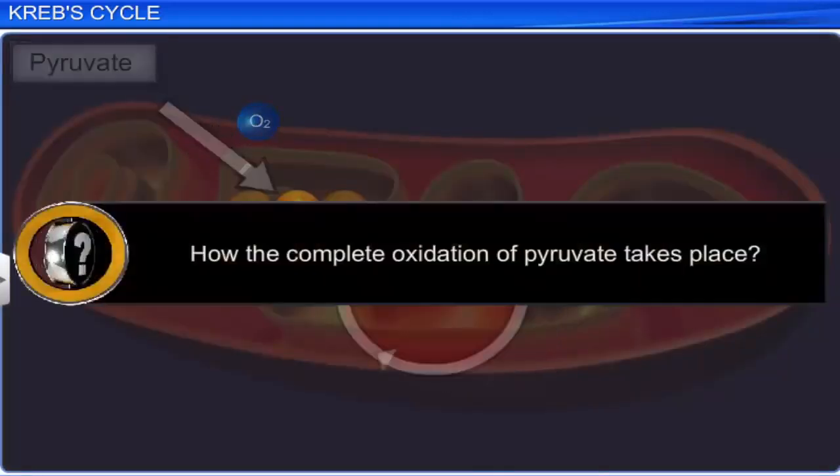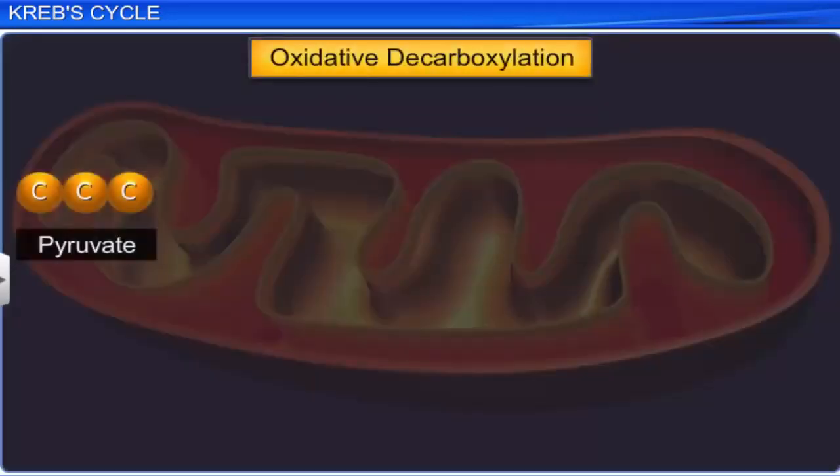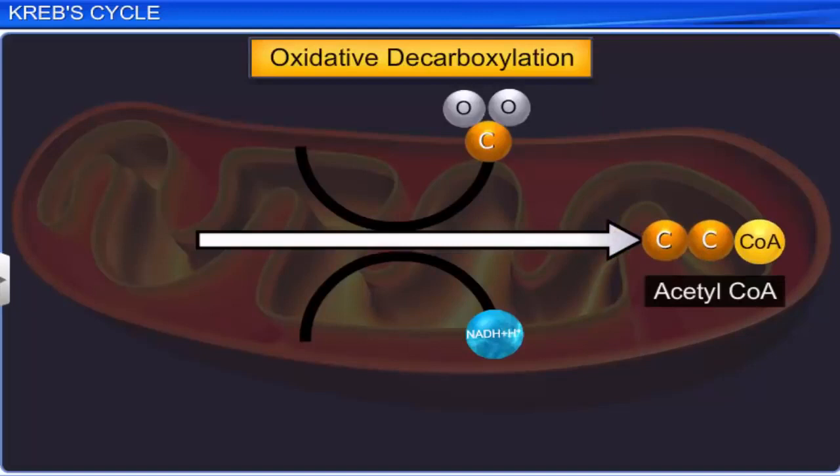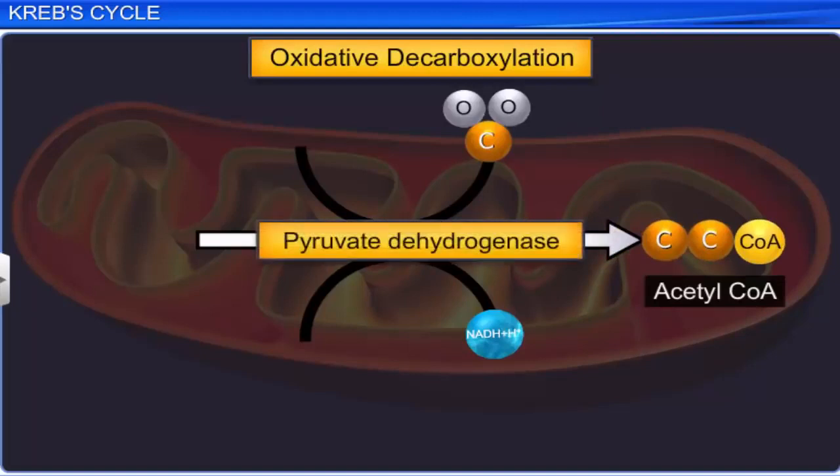Now, let's see how the complete oxidation of pyruvate takes place. Inside the mitochondria, the pyruvate undergoes oxidative decarboxylation in the presence of the pyruvate dehydrogenase enzyme, NAD+ and coenzyme A. The NAD+ is reduced to NADH plus H+, and coenzyme A combines with the acetyl group of pyruvate to form acetyl CoA.